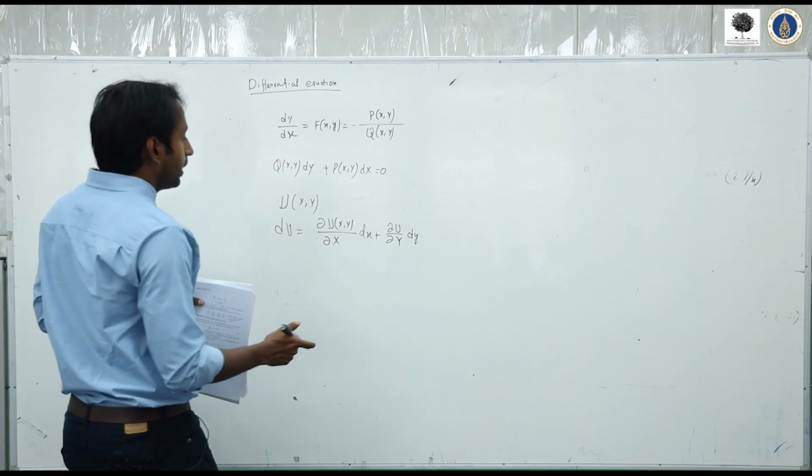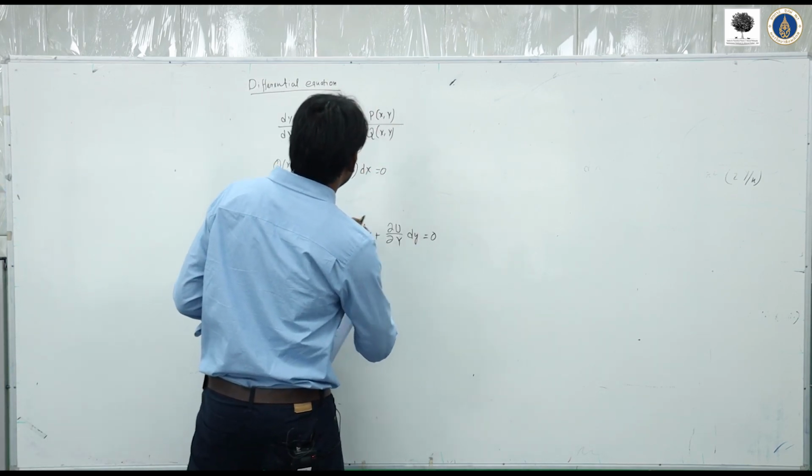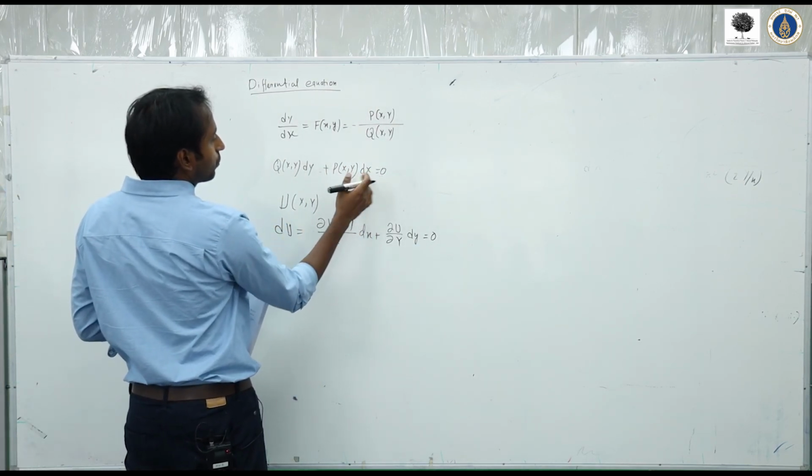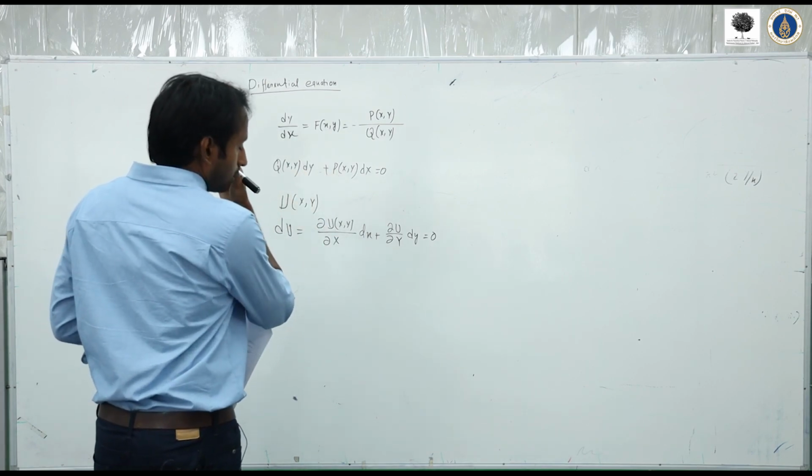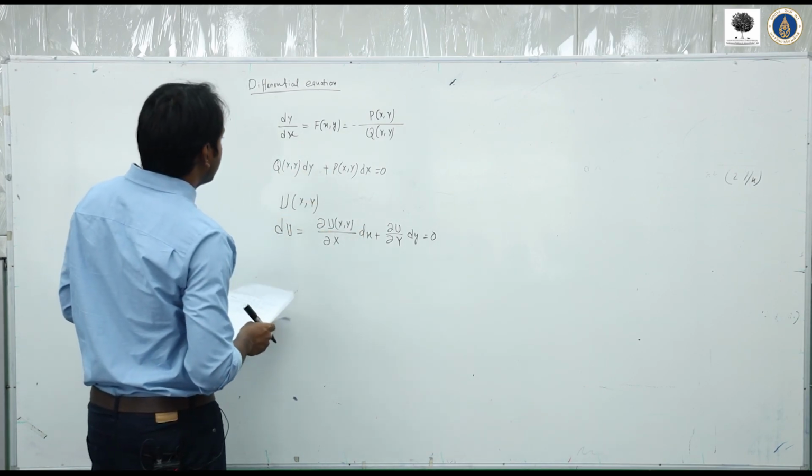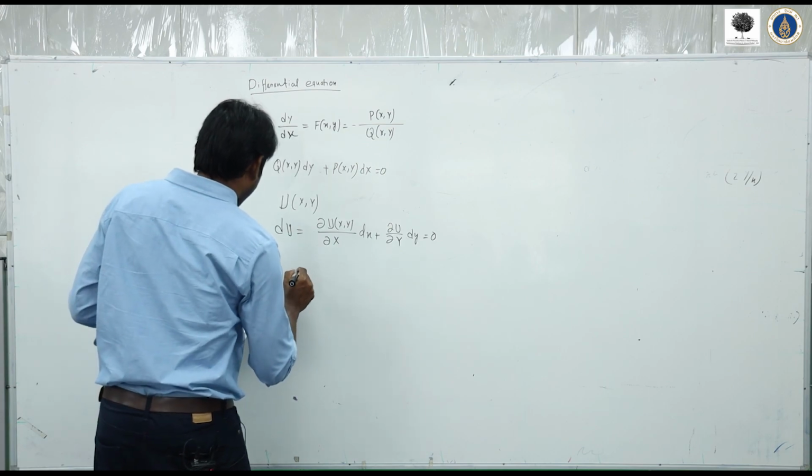Now, if we make this equal to 0, we consider this to be a total derivative. So you will get a condition on this. That is why it is called an exact differential equation.